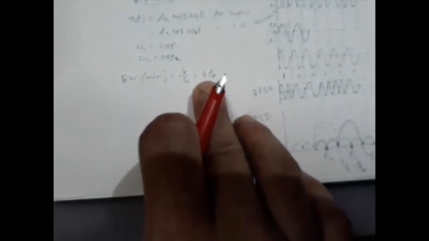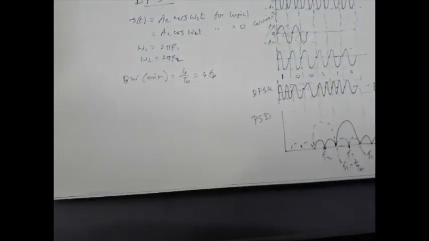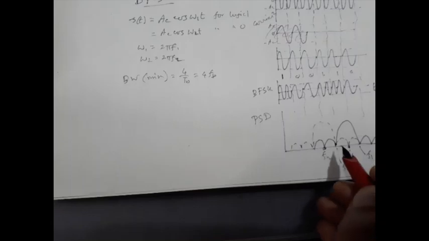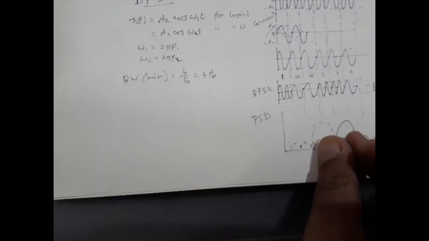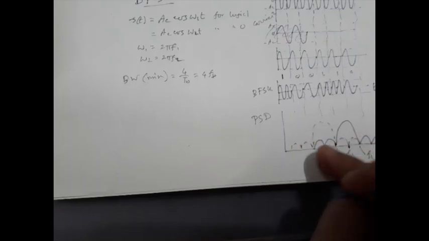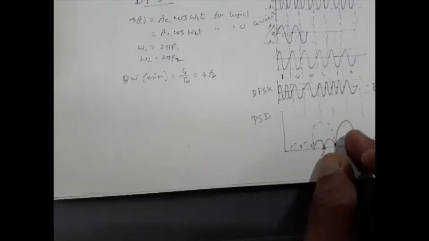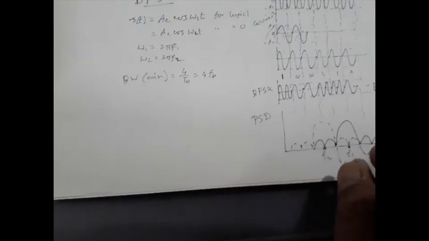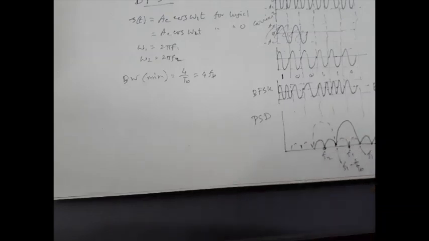So bandwidth requirement is higher compared to ASK or PSK. Actual bandwidth requirement will be much higher because this is the minimum difference between two carriers chosen, but actually they must be well separated, otherwise it will be difficult for us to detect it.